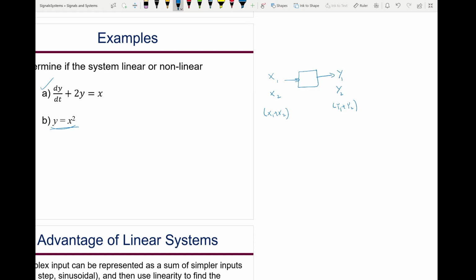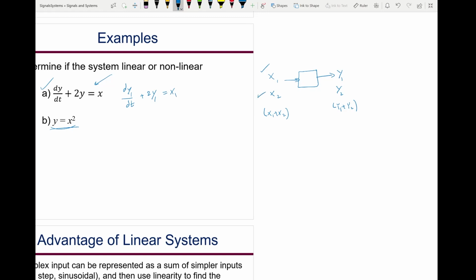So let's take this scenario first, x1 and y1, and plug it into this equation that describes the system. So this will be dy1/dt plus 2y1 equals x1. x is the input, y is the output.